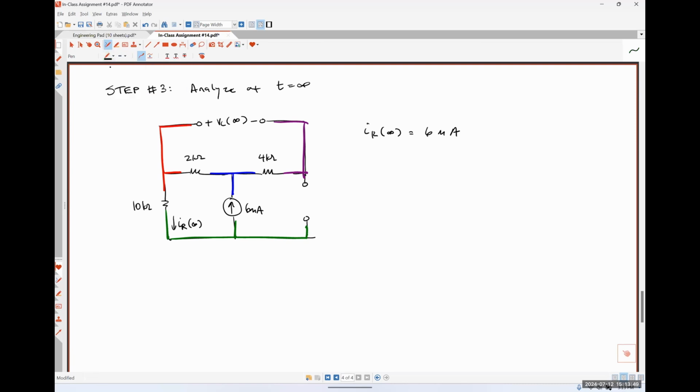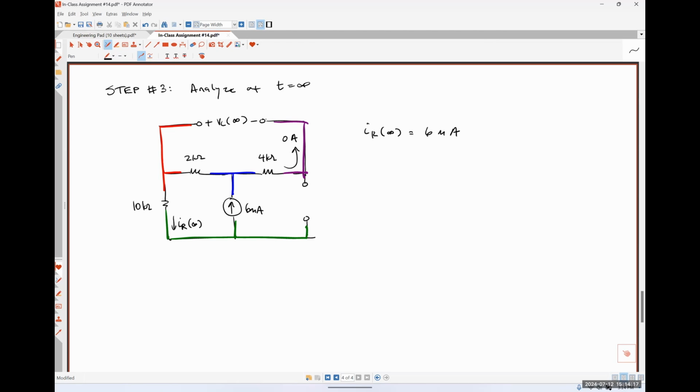Okay. So how much current is flowing through this path? 0.